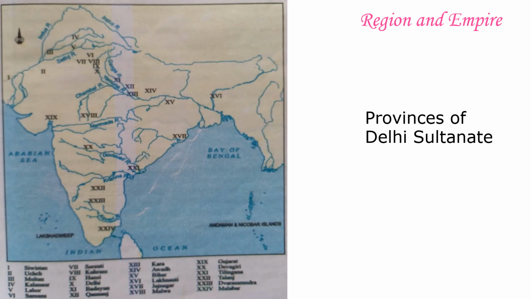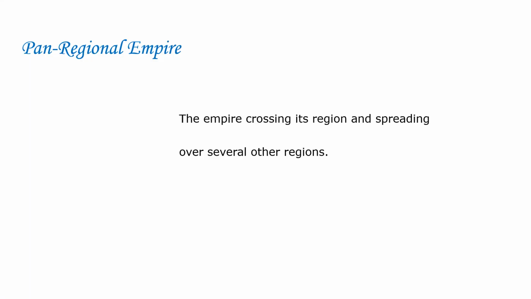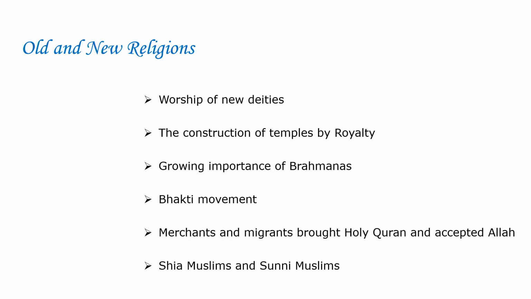And here you can see the region and empire, which was the provinces of the Delhi Sultanate during Muhammad Tughlaq. Here you can even see this pan-regional empire, which means an empire crossing its region and spreading over several other regions. See how a small region has been extended and spread into other regions.